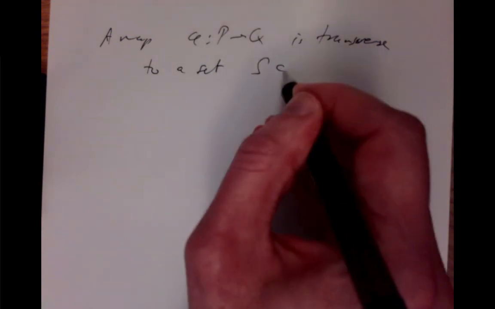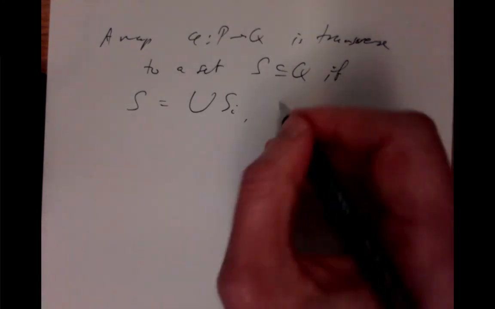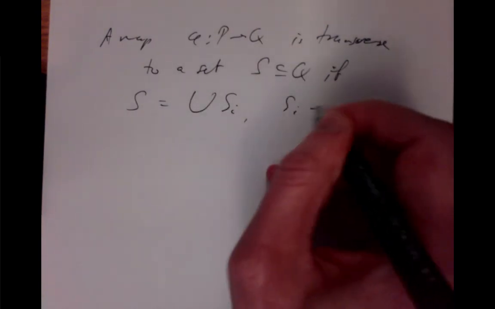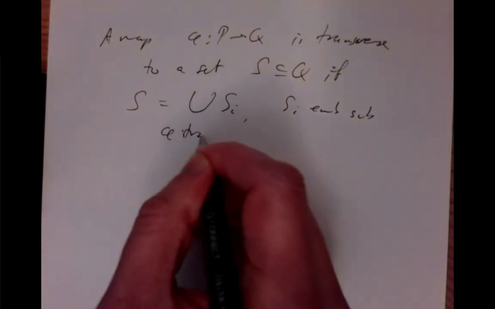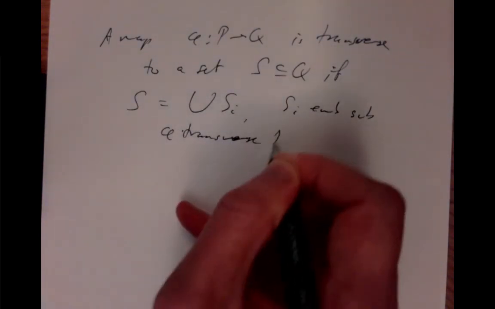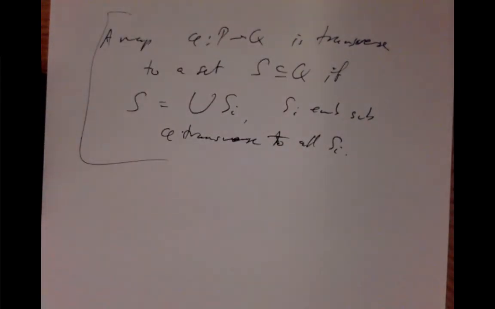It's transverse to a set S contained in Q if S can be written as a union of a sequence of embedded submanifolds, and phi is transverse to all of the S_i. Okay, so that'll be our definition of transversality for more general sets, somewhat nastier than submanifolds, and it'll allow things like the Whitney umbrella.